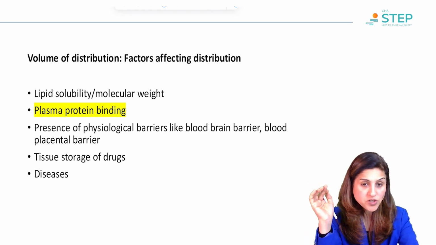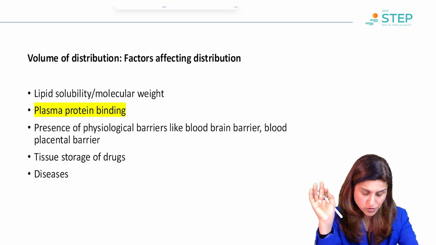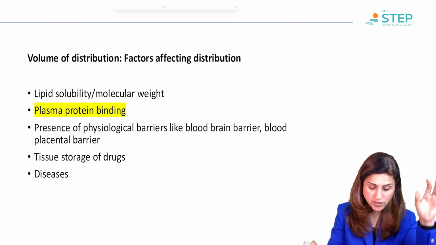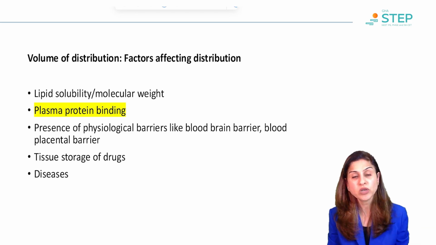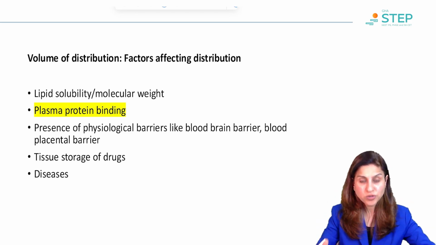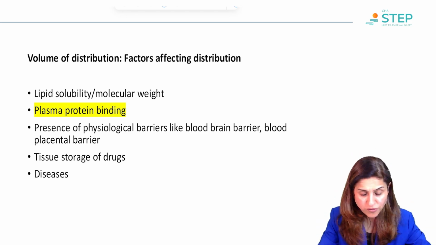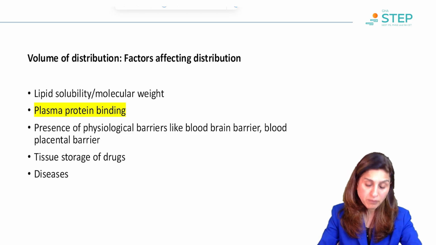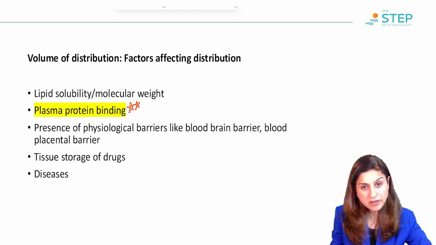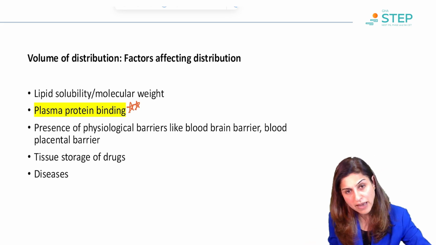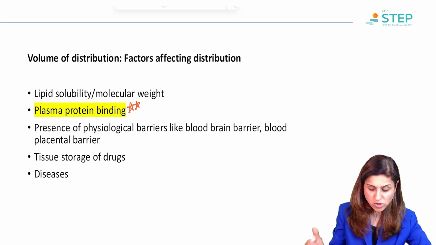That is, volume of distribution depends on various factors. If we go about this, what are the various factors? It depends on lipid solubility. Obviously, if the drug is more lipid soluble, it can easily get into the tissues and distribute fast. Then plasma protein binding, which is the most important factor. Then there are other factors like presence of barriers like the blood-brain barrier, and tissue storage.